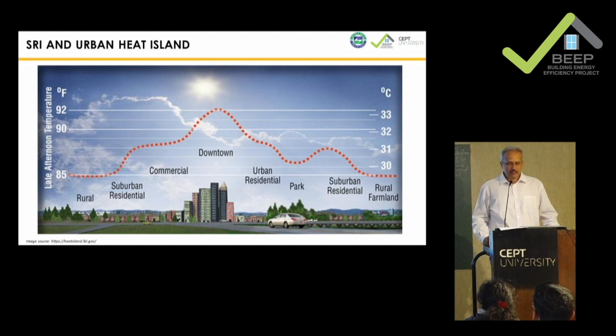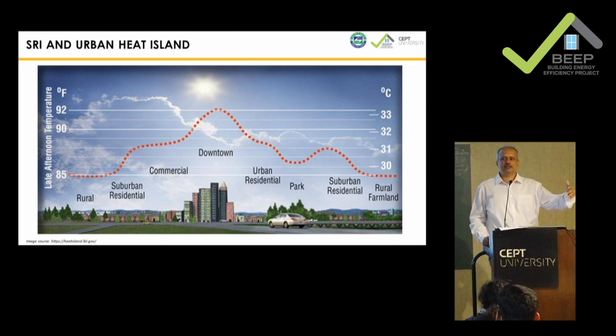SRI also has an impact on urban heat island. So Professor Lal was talking about how the transport and the rejection from the room air conditioner warm up the urban outdoors.